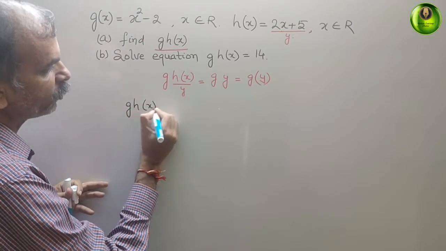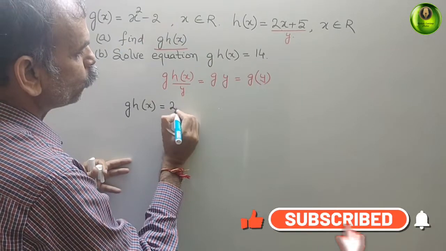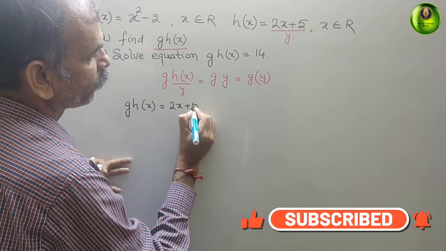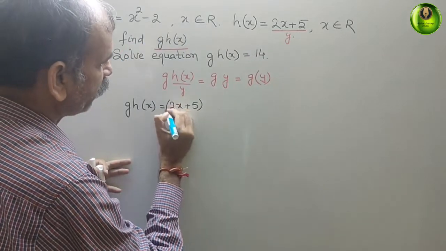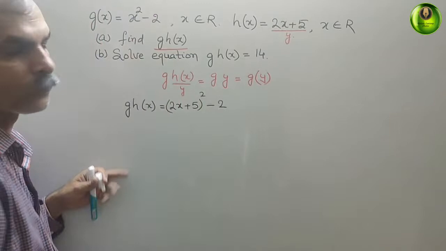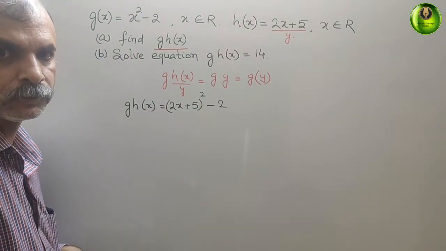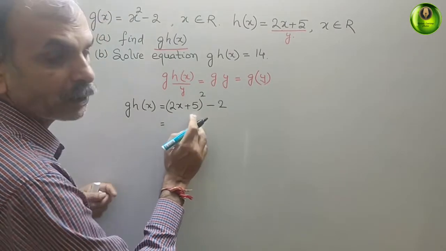gh(x) is equal to x squared, that means (2x plus 5), instead of x we will put this value, whole squared, minus 2. Now solve this. Here we use (a plus b) whole squared.